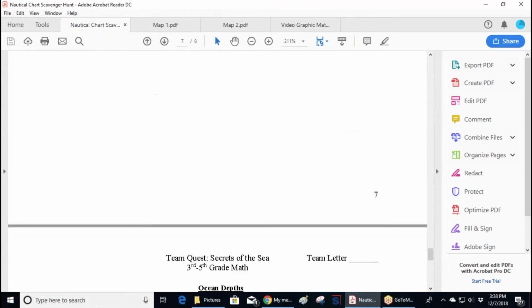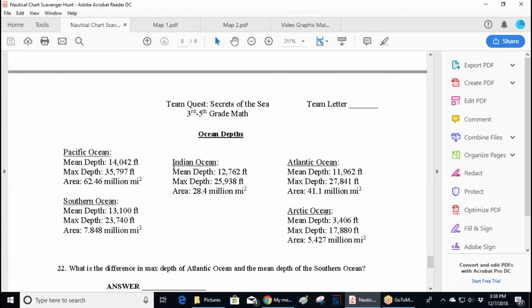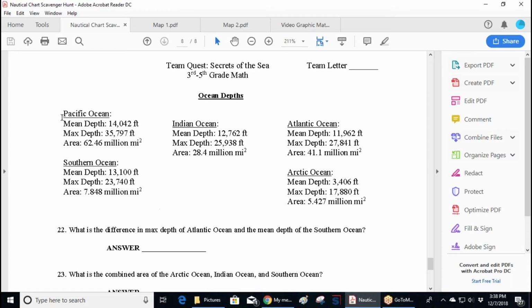The last section of the math challenge is going to be dealing with ocean depths of oceans around the world. We're giving you the mean depth, the max depth, and the area of the ocean in square miles. The mean depth is the average depth of that particular ocean area.